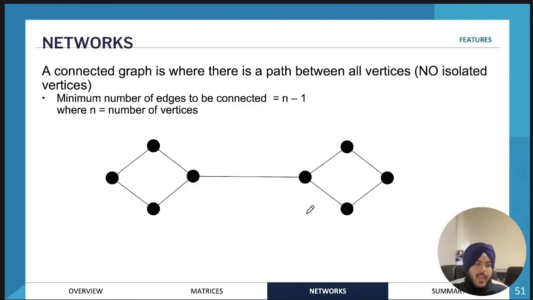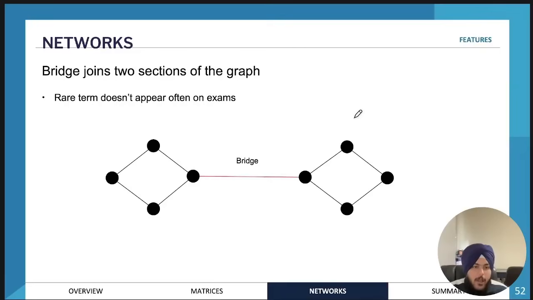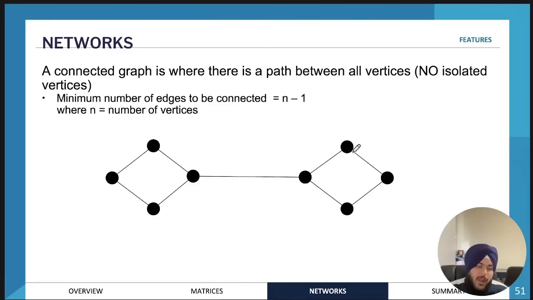Okay, so next we have an example of a connected graph. A connected graph is essentially where there is a path between all the vertices. What that essentially means is we have no isolated vertices. We can have multiple edges.